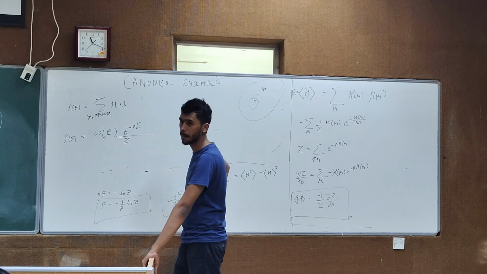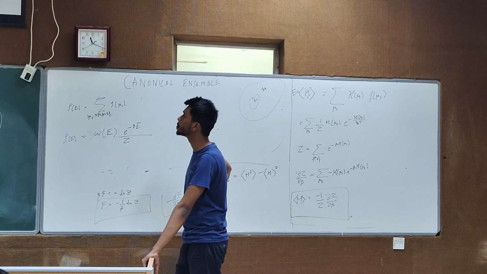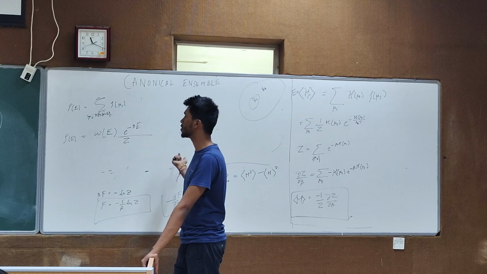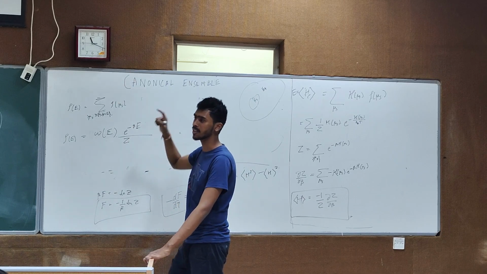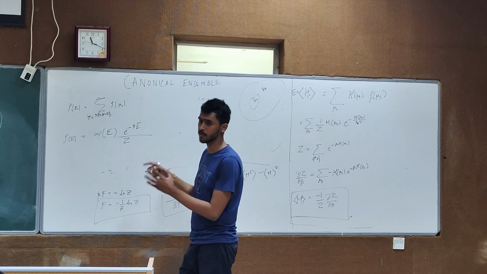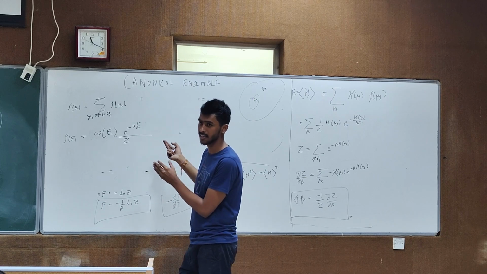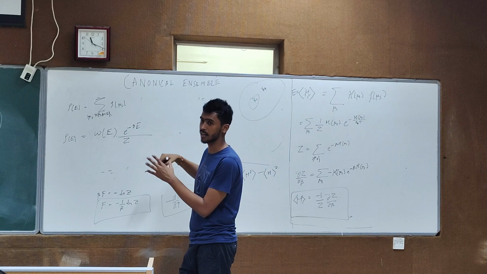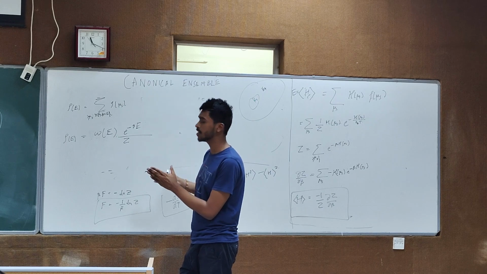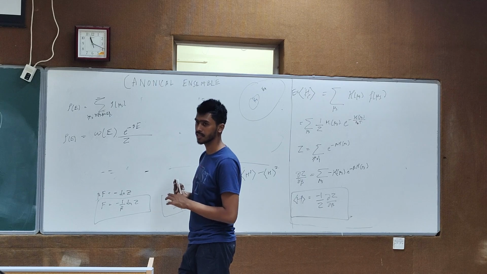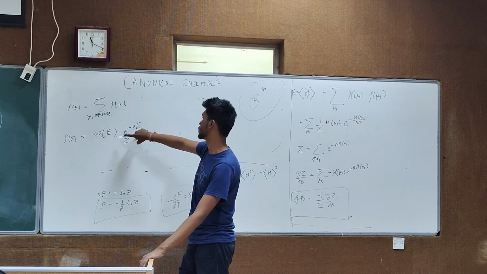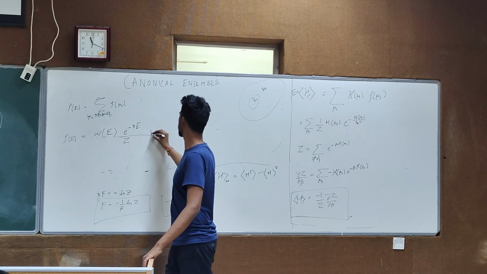Is it gamma? No. Gamma was the number of states between E and E plus delta, and if you divide that by delta, you get the density of states.